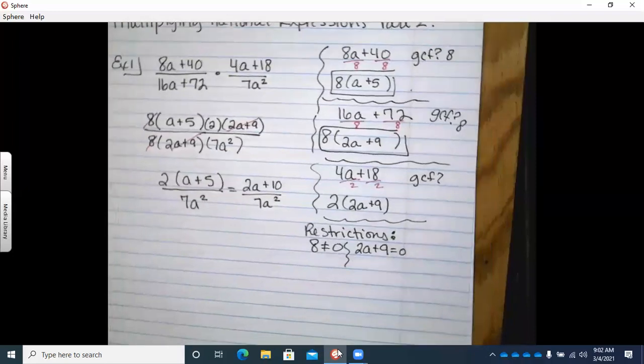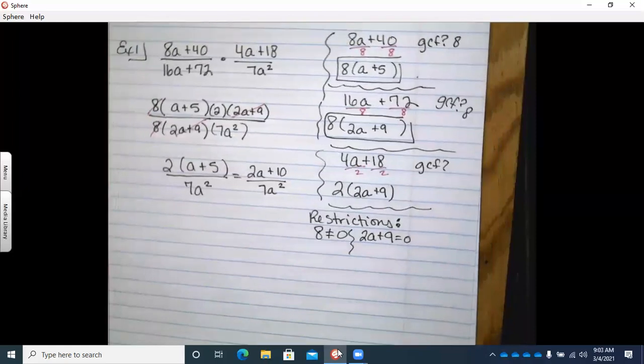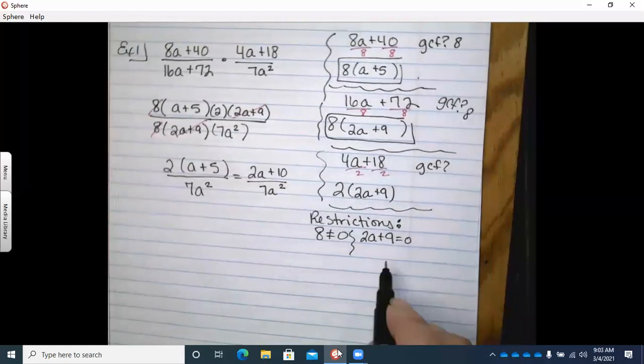Solve for a. So what would I do to solve for a? Subtract 9 from both sides. So 2a equals negative 9. Divide by 2. And a equals negative 9/2.